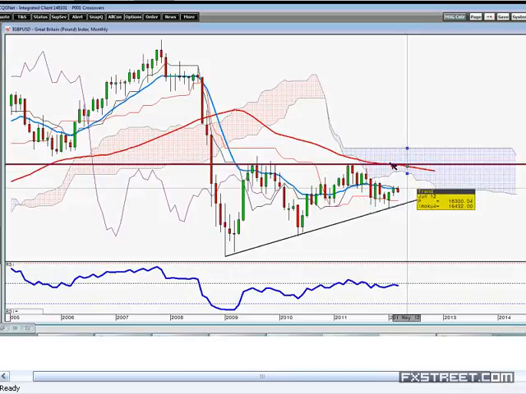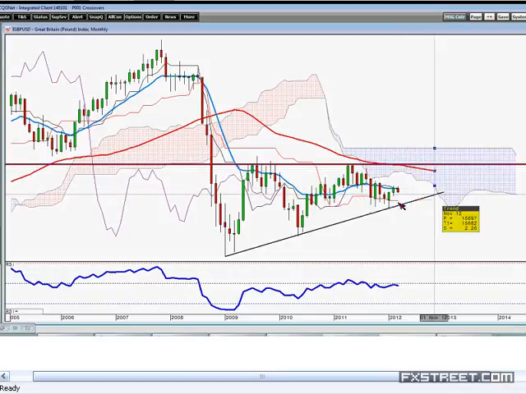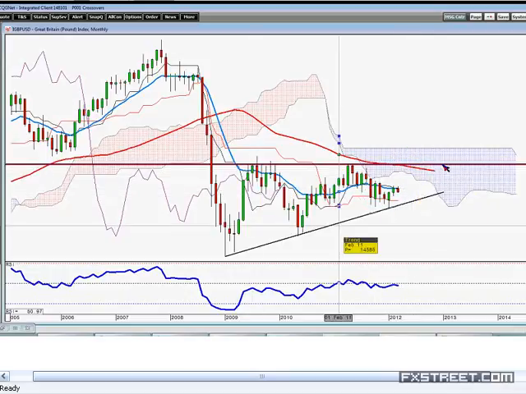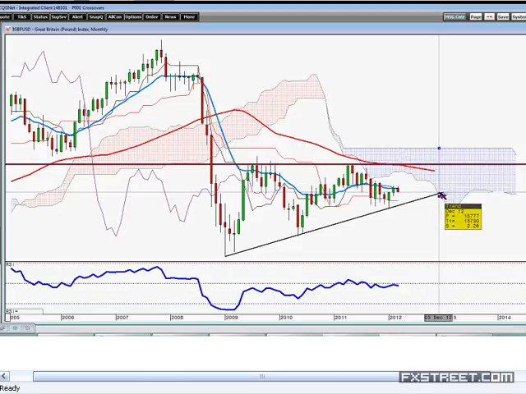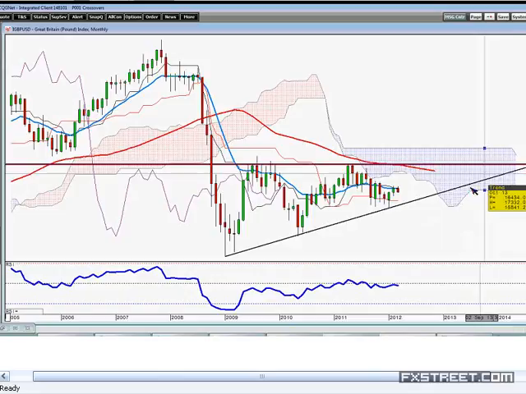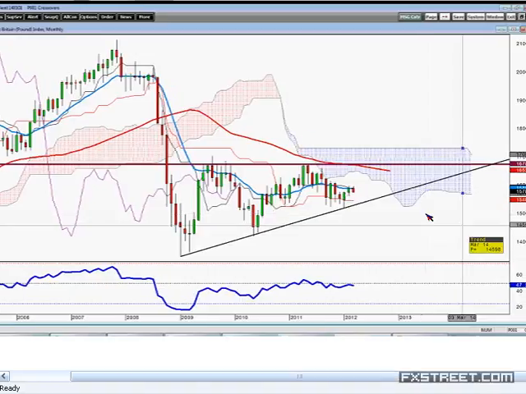Okay, there is a fair bit of cloud resistance up here, so I don't think we're going to get a breakout easily. It's going to gyrate around and probably could even get to the end, you know, up here into sort of 2013, 2014, before you get a decent break in one direction or the other.